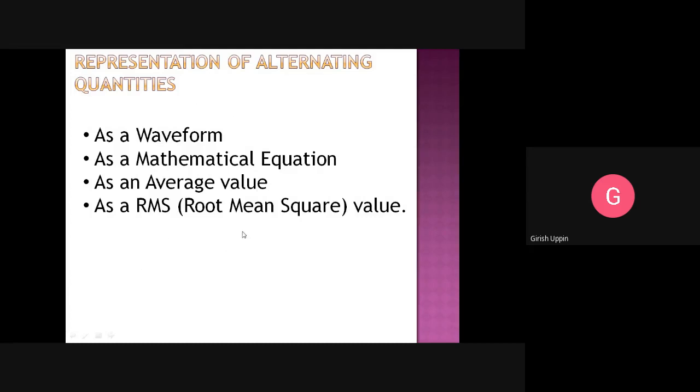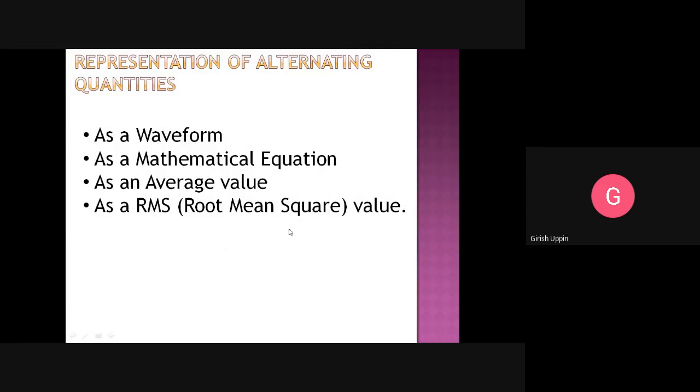There are two ways other than the waveform and the mathematical equation. The alternating quantities can be represented as an average value, or as an RMS value, a root mean square value. The household voltage, when you say it is 230 volts, is nothing but an RMS value.